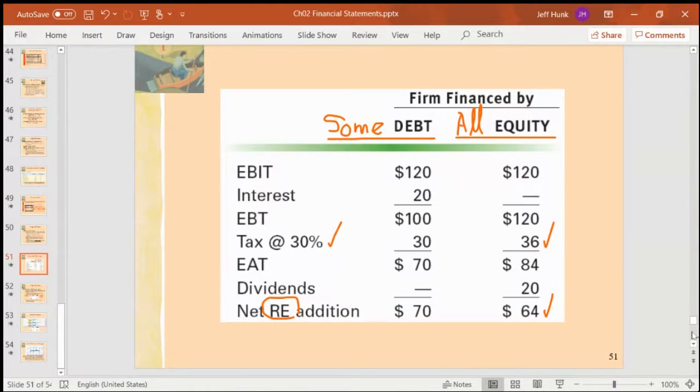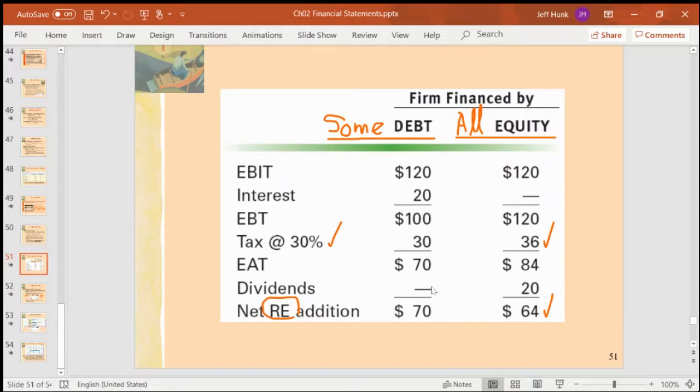But don't even look at the dividends and retained earnings. This company is using some debt, so they pay interest, and after paying interest, this is their taxable income or EBT. Tax 30%. EAT would be 70.